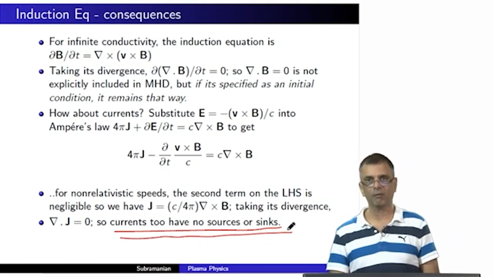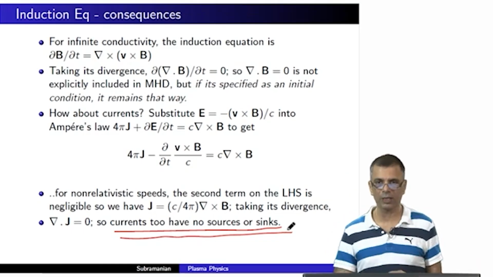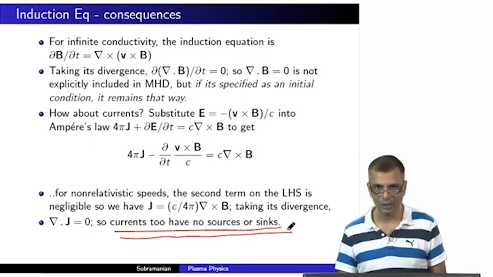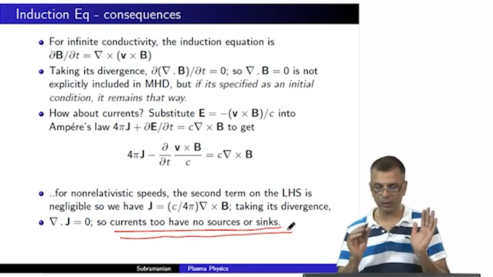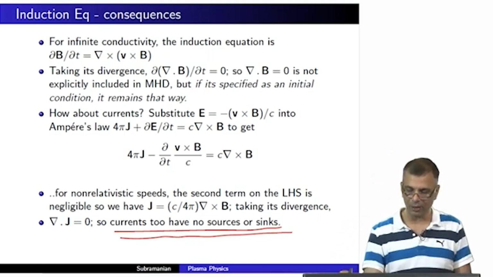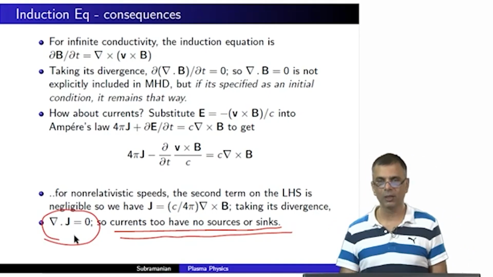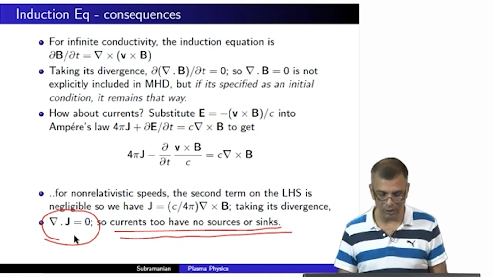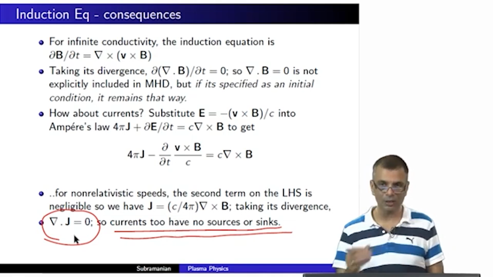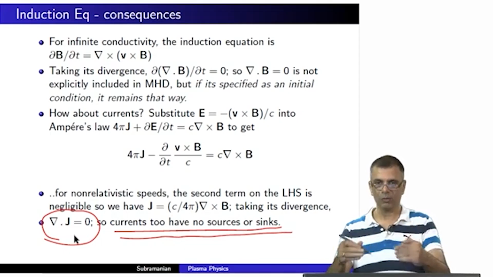This is very unlike our normal notion of currents in electrical circuits, and this is so important that we will consider it when we come back the next time. The fact that the divergence of current density is technically equal to 0 in magnetohydrodynamics needs some thought, and so we will consider this when we meet next.